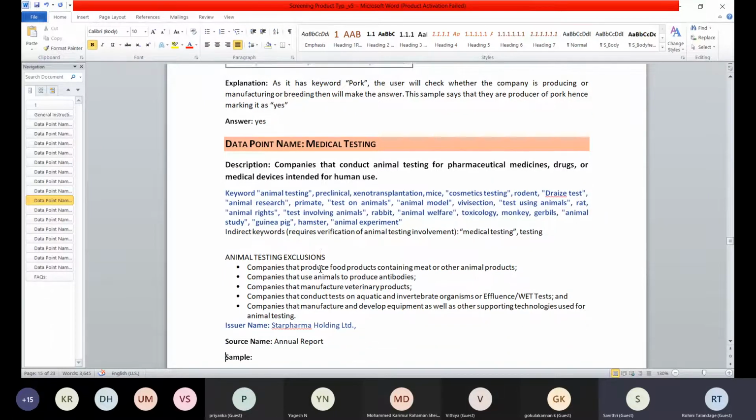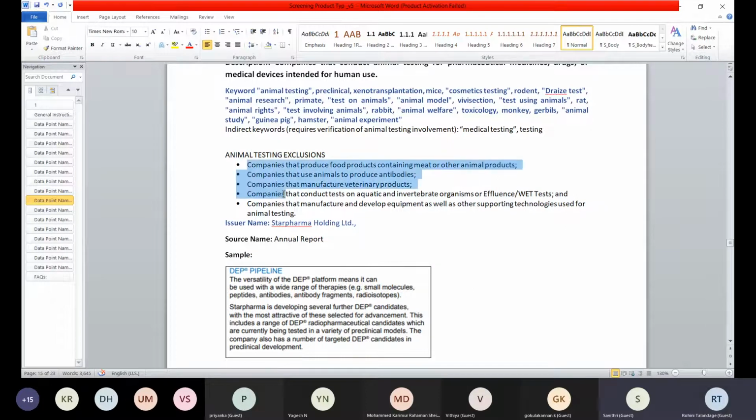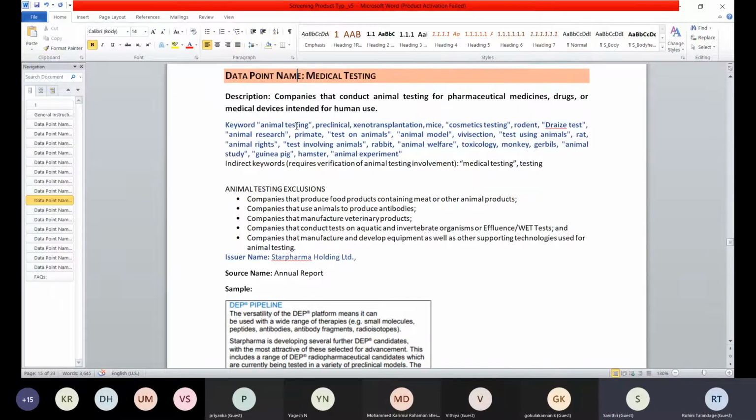Now animal testing exclusions. There are some exclusions, like a company that produces food products containing meat or other animal products. In this case we can mark it as no, because they are producing animal products, they are not doing any testing on the animals for pharmaceutical medicines or anything, so we have to mark it as no only.